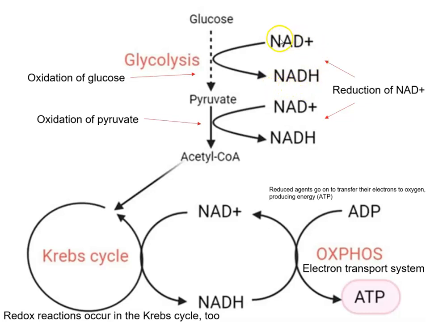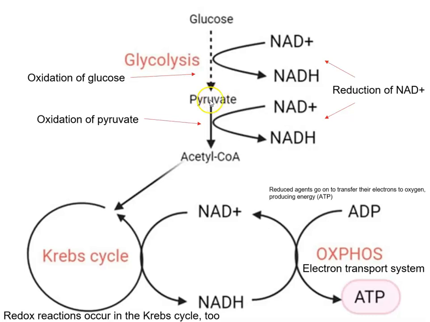Now, NAD went from having a positive charge to having a neutral charge. So it's been reduced. It gained electrons in this reaction. Glucose, therefore, must have lost electrons during the reaction. So glucose becomes oxidized to pyruvate.